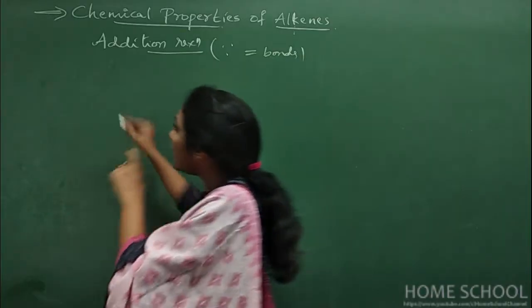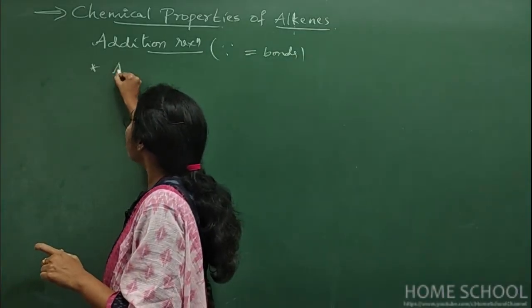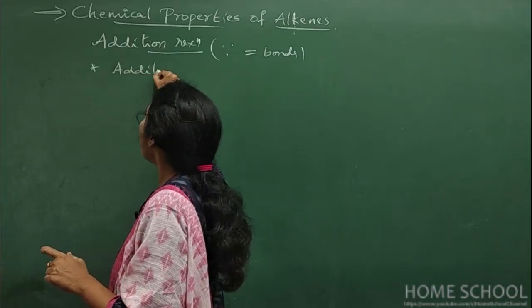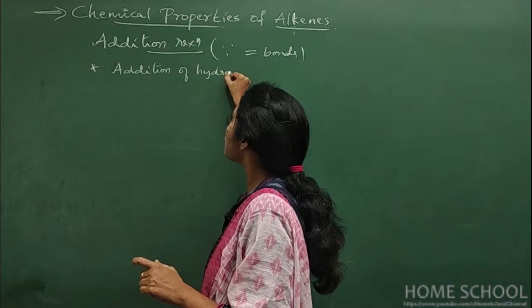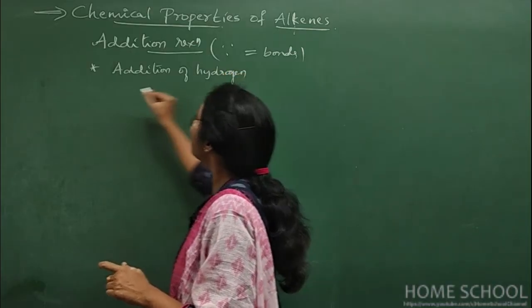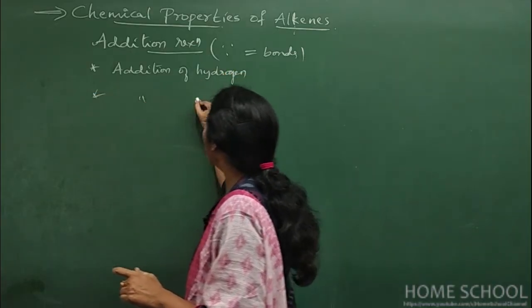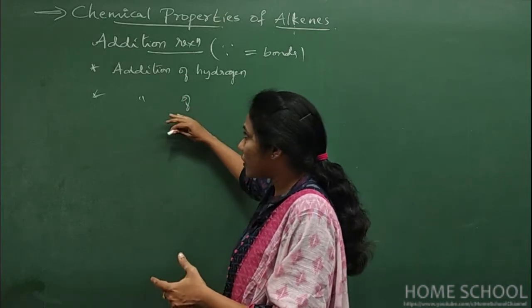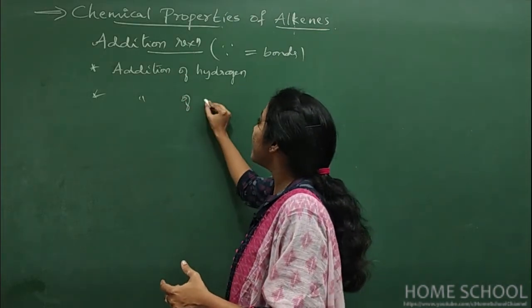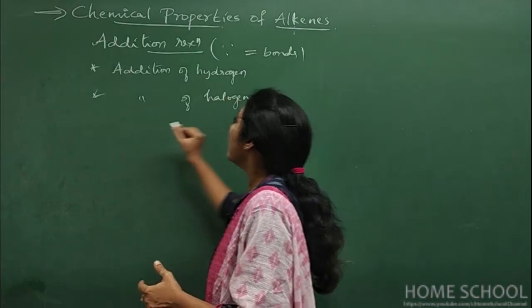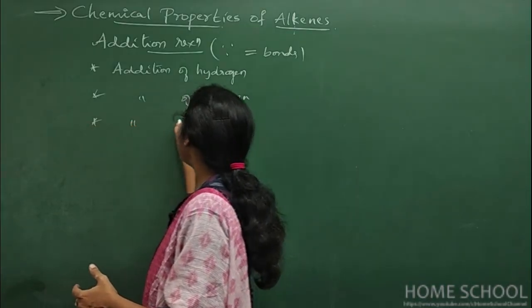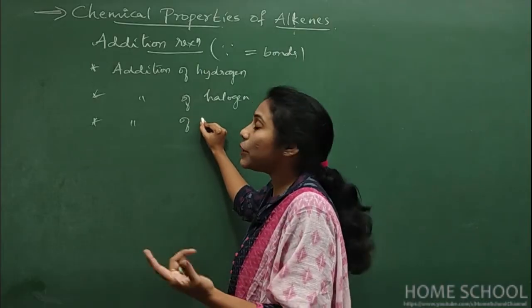So we are going to learn the first addition reaction, that is addition of hydrogen. Okay, so we learn addition of hydrogen, then we will try to add halogen atoms. So the next reaction that you study under this is addition of halogens. And not only that, you will also study addition of hydrogen halides.